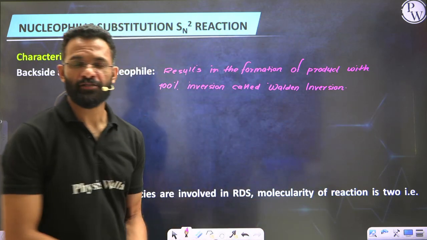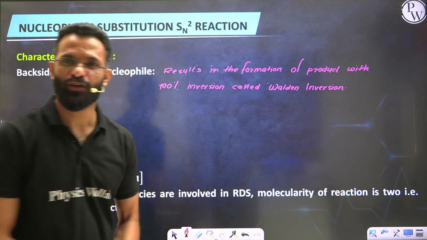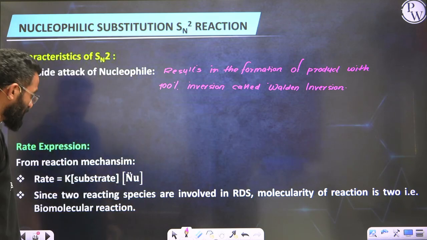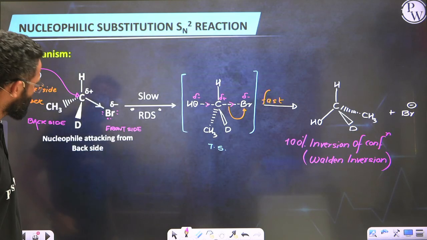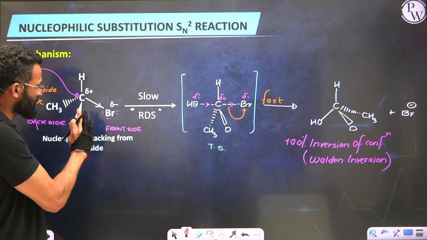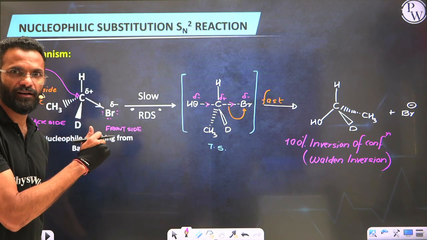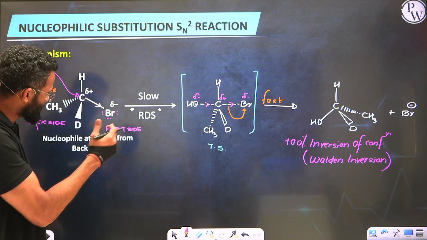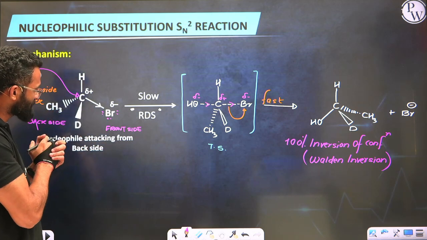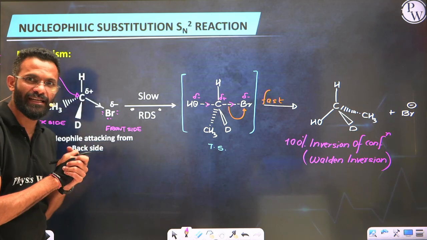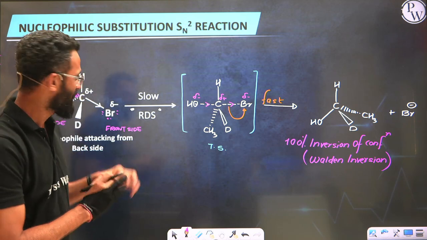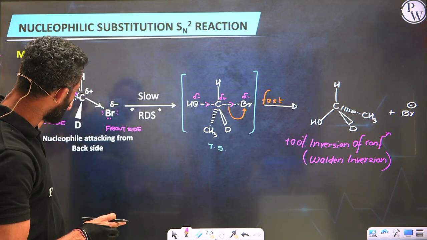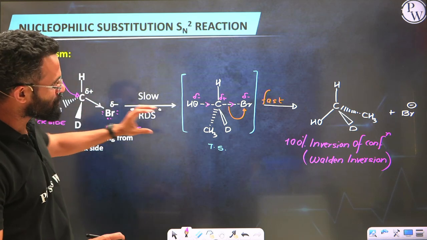Okay guys, now with respect to this reaction, there is one very famous question that they generally ask. Suppose I tell you that this compound has some particular optical rotation. Let's say the starting compound is a dextrorotatory compound, a D isomer. And you carried out an SN2 reaction and this compound got converted to some alcohol.